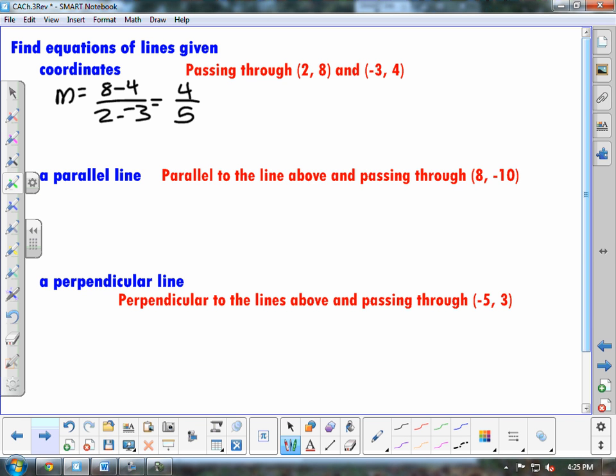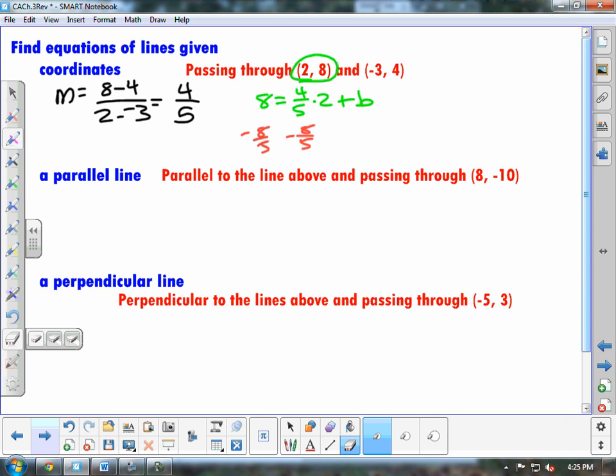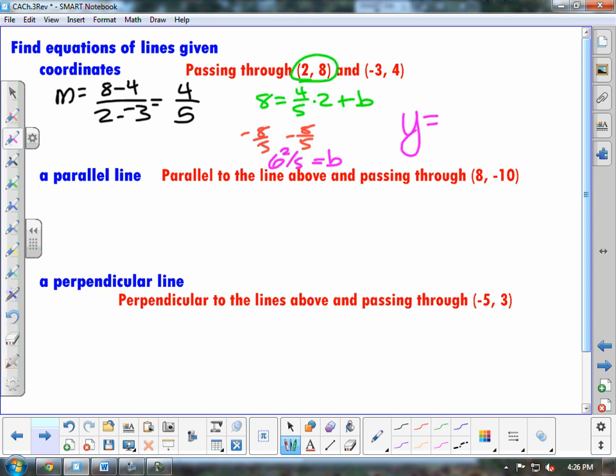And then you can pick a point, put it into the equation, and 8 equals 4/5 times 2 plus b. 2 times 4/5 is 8/5, and when you subtract 8/5, you will then get b is equal to 6 2/5. And so your final equation then would be y equals 4/5 x plus 6 2/5.